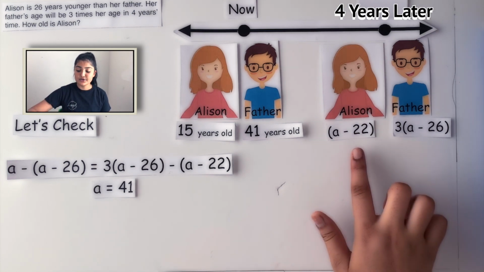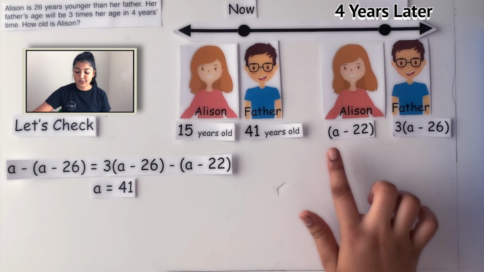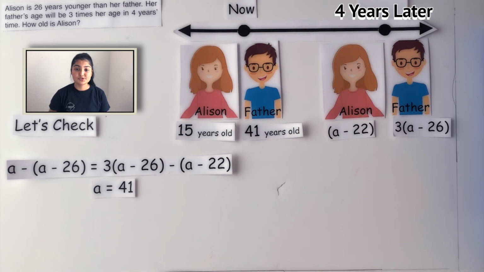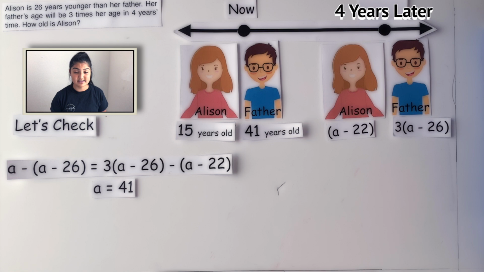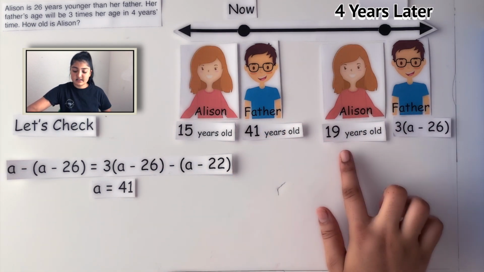Starting with Alison's age. Her age in 4 years will be A minus 22. So let's plug in the value of A. 41 minus 22 is 19. So in 4 years, Alison will be 19 years old.